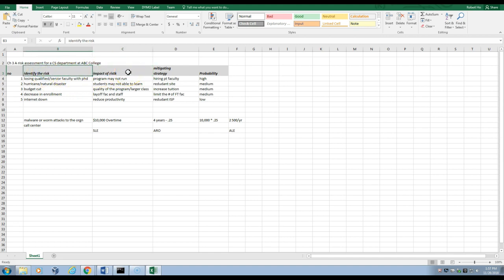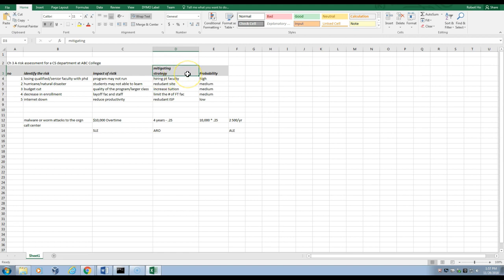Second, include the potential impact of that risk. After you write down the impact of the risk, the question now is, what kind of action plan do you take? How do you mitigate the risk?